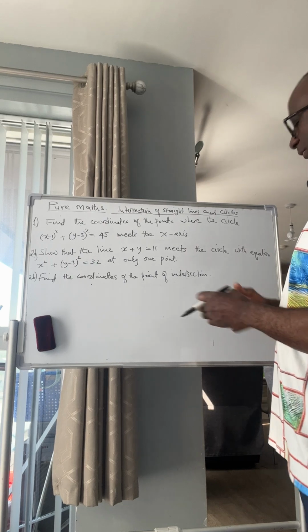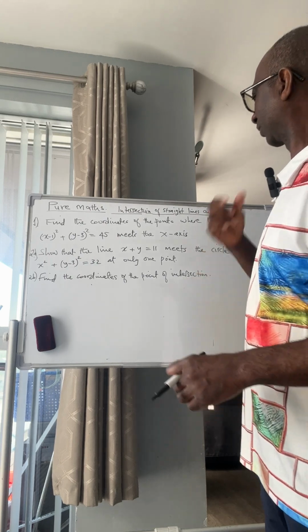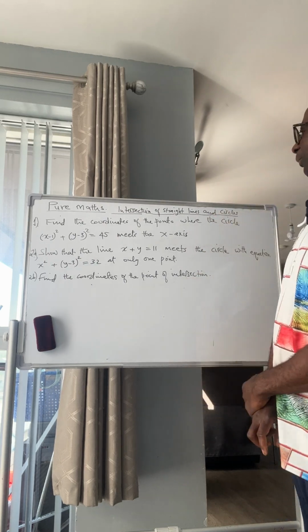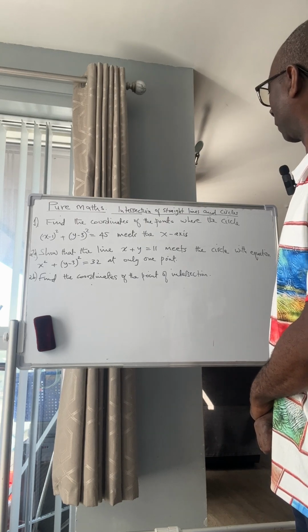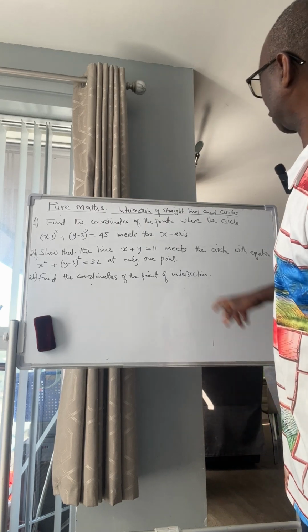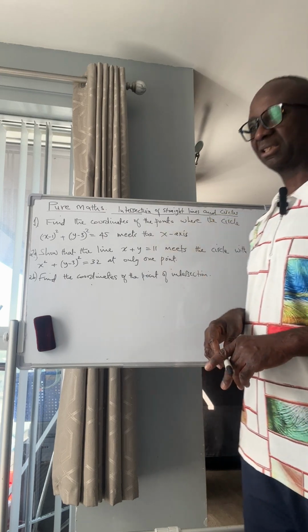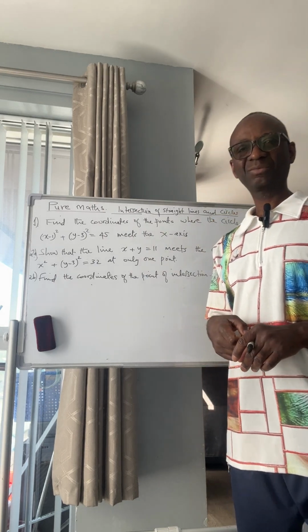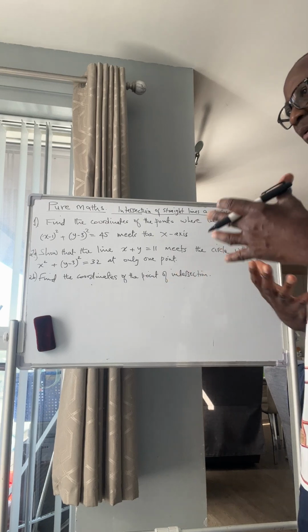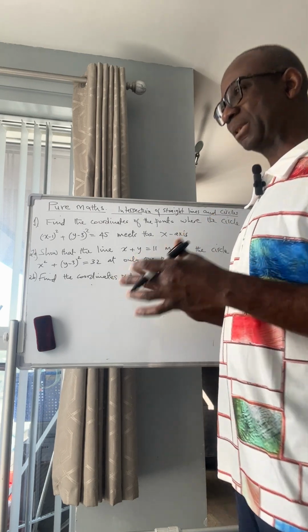But what do you understand from this question? If they ask you this type of question, to find a point where the circle meets the x-axis, what happens there?